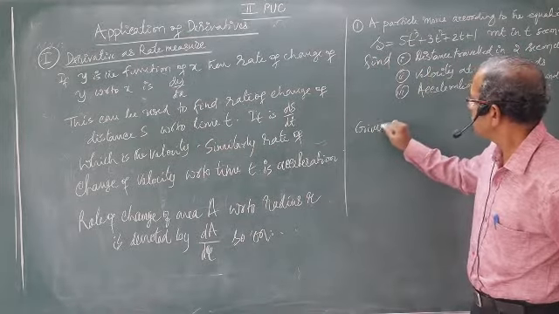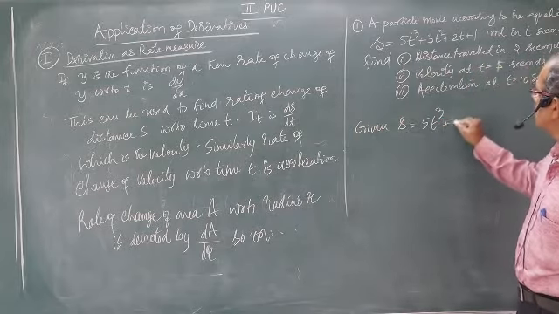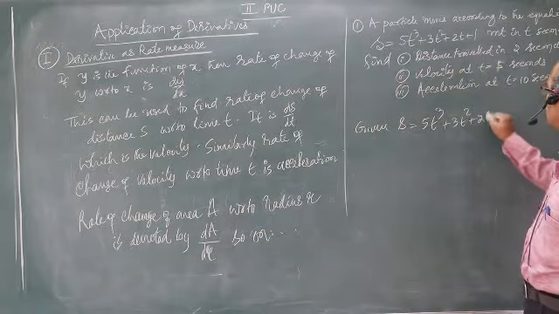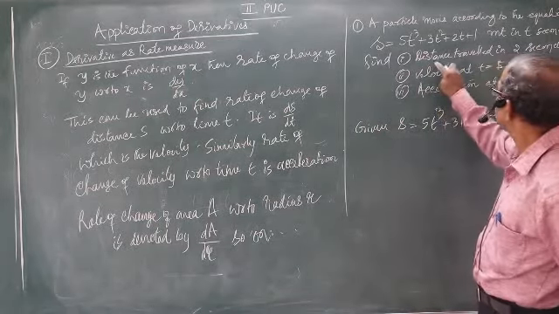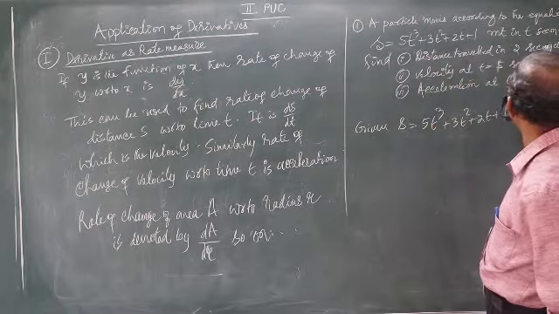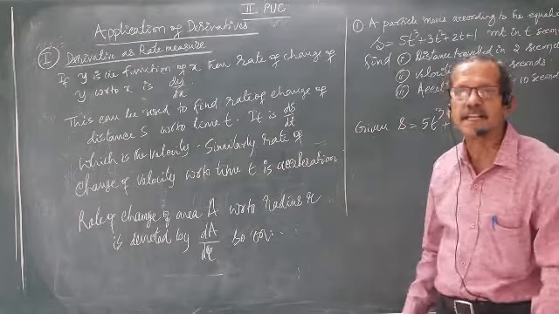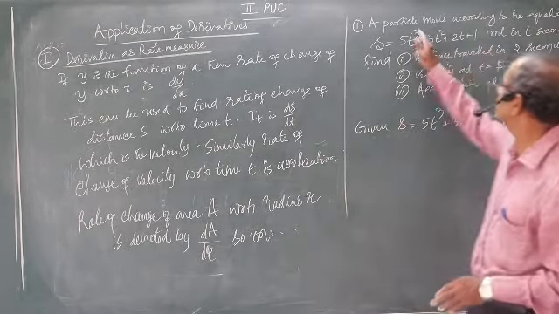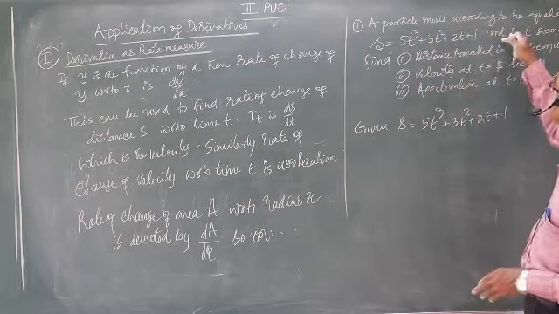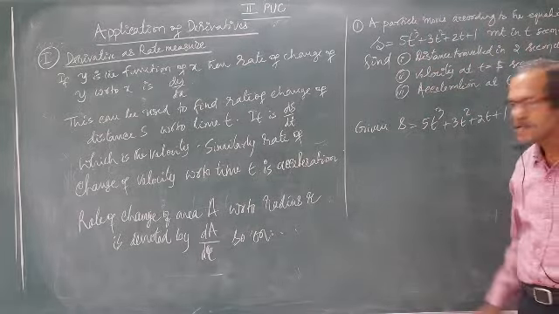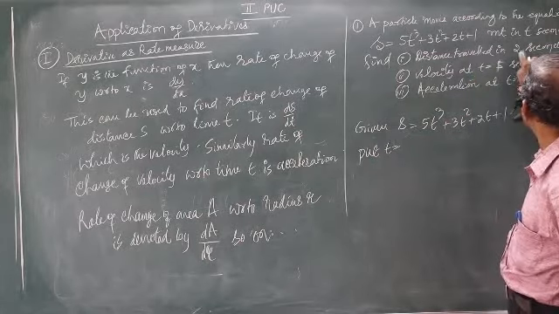Given s equal to 5t cube minus 3t square plus 2t plus 1. Find the distance travelled in 2 seconds. Actually, this is the formula itself to find the distance covered at any time t. The particle moves according to the equation this much meter in t second. So, put t equal to 2.